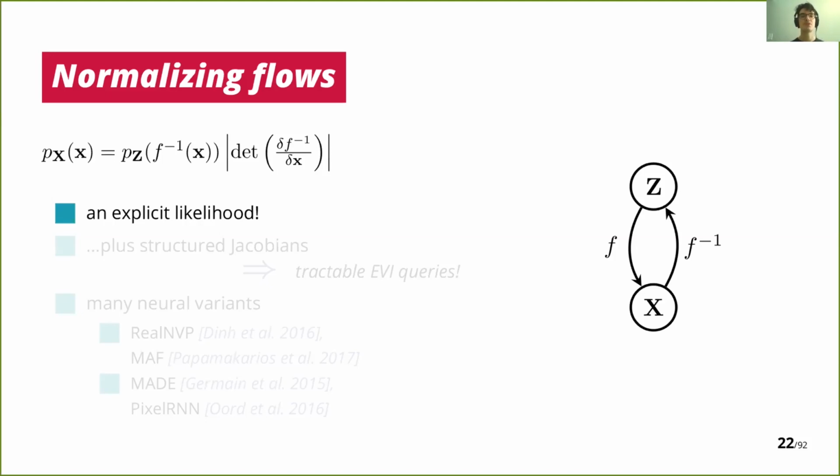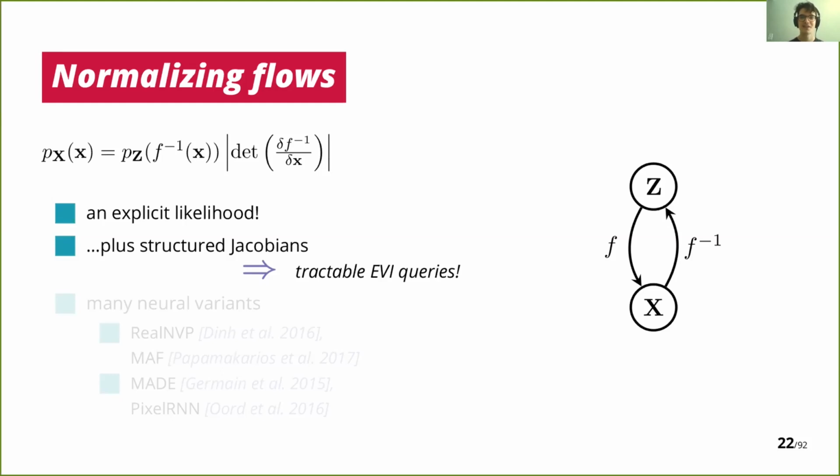However, we can compute the joint probability distribution by the change of variable formula. In essence, we just have to compute the probability in the space of Z according to our inverse bijection, and then correct this term by the determinant of the Jacobian of this invertible transformation. If we assume there is some structure in the Jacobian, for instance that it's diagonal, we can compute this determinant exactly and efficiently, right? So we are finally able to compute complete evidence queries.